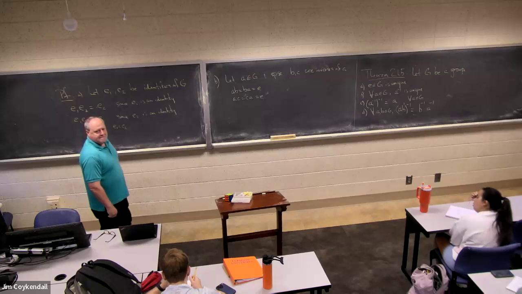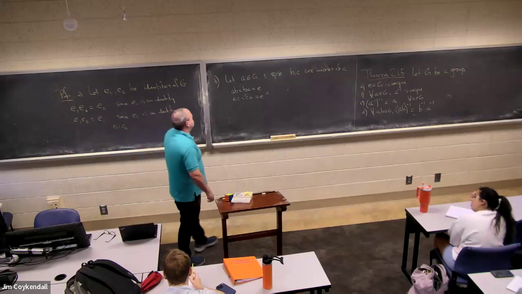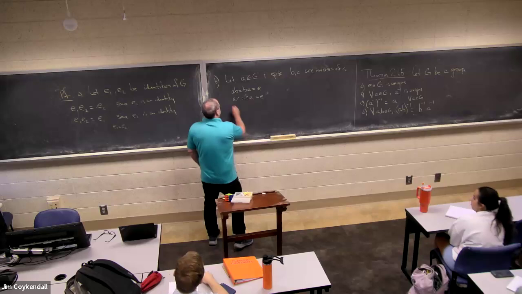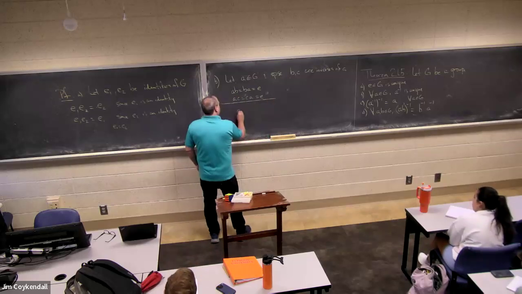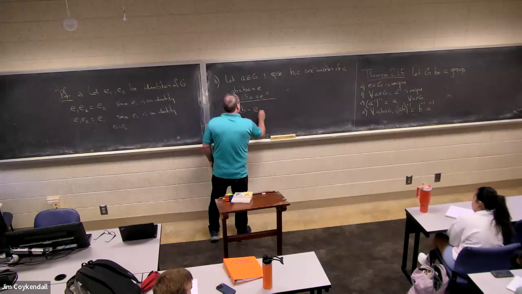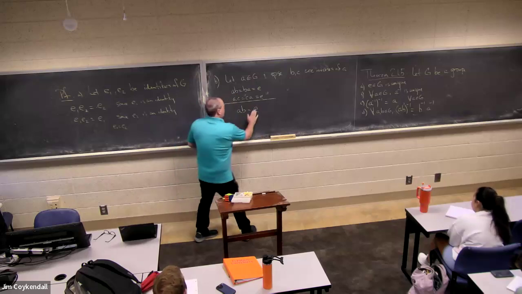So how do we proceed? Well, you probably say that AB equals BA equals CA equals AC. I'll go a little slower.